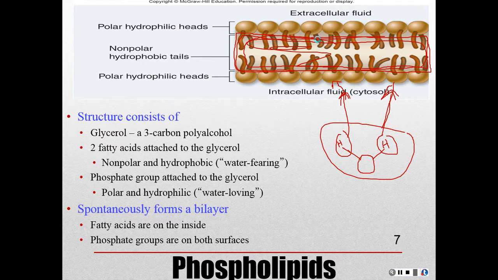In that turning, it forms two layers of tails facing each other, and none of the tails come into contact with the water. This is what forms the phospholipid bilayer. This layer forms spontaneously and is driven by the tendency of water molecules to form the maximum amount of hydrogen bonds.